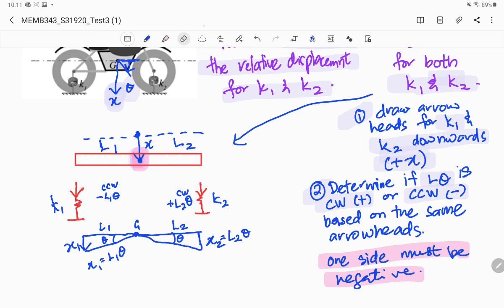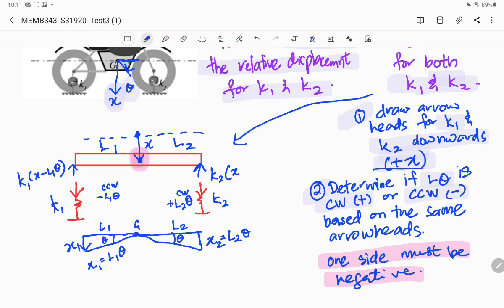You can even draw the action and reaction forces if you want, and write the forces here, which is K1. Your x is already positive, so K1(x minus L1 theta), whereas here the force is K2.